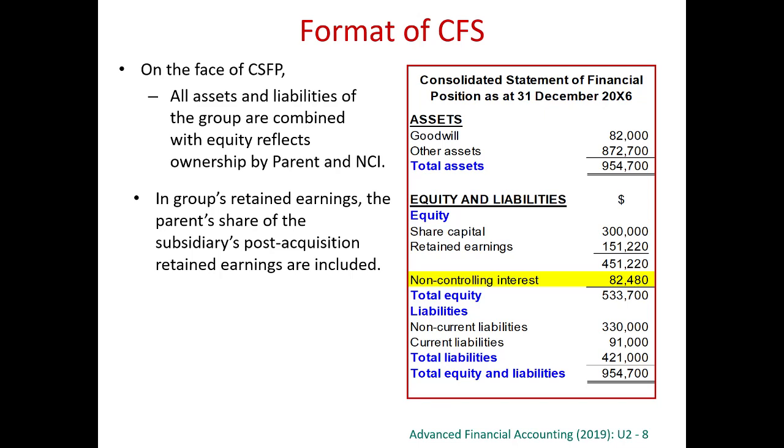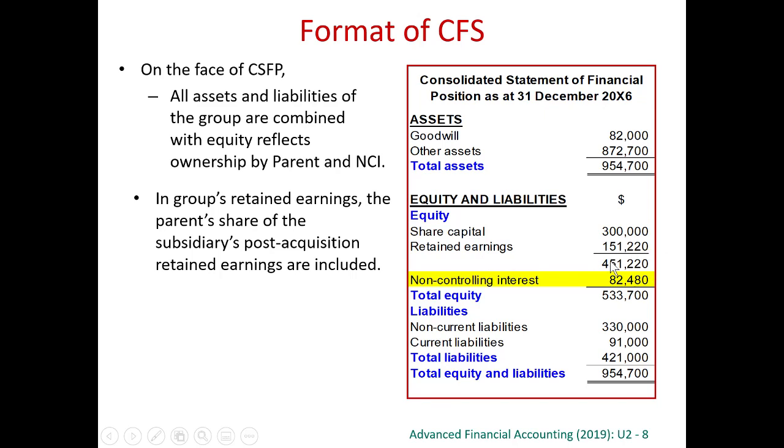Controlling interest means the parent, right? Shareholders of the parent. So that's why this share capital actually is the share capital for the parent. Retained earning is the retained earning for the parent. There may be some more items like general reserve, other reserve, revaluation reserve, translation reserve, etc. Everything belongs to the parent.